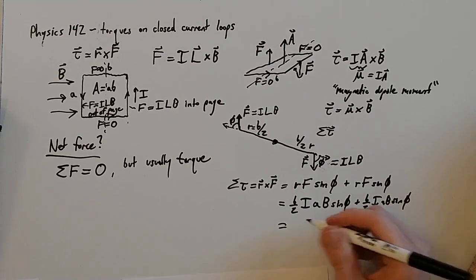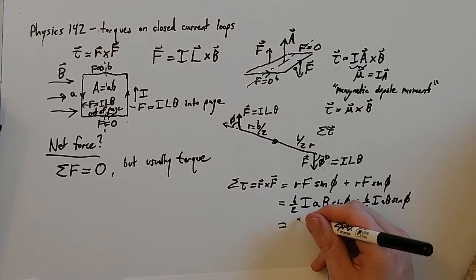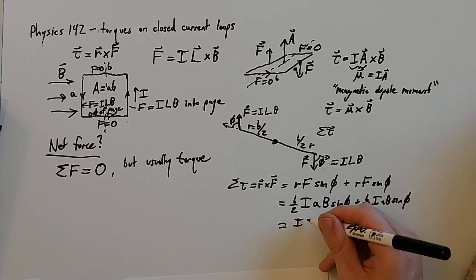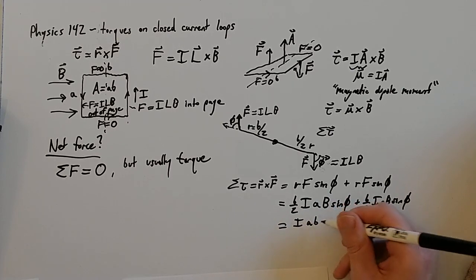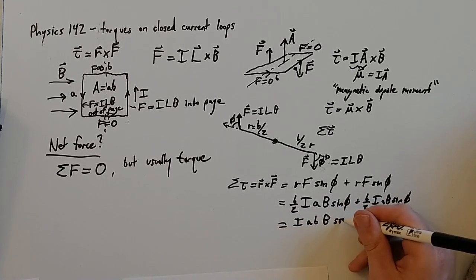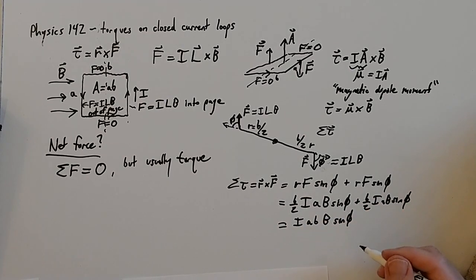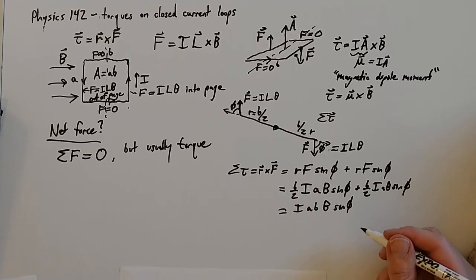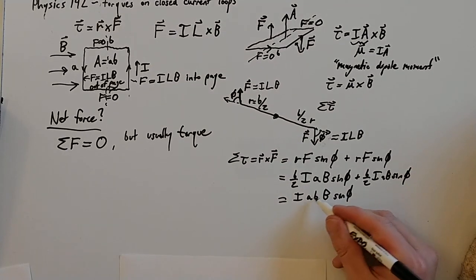And so when we add those together, I'm going to rearrange the order a little bit: I A B, big B, sine phi.